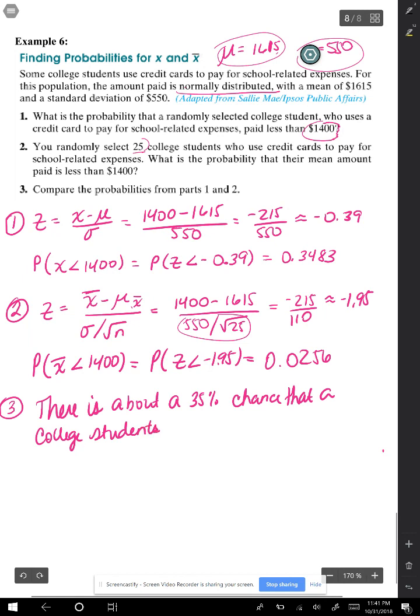In the problem, it says college students who use credit cards to pay for school-related expenses. So based on that, there's about a 35% chance that a college student who uses a credit card will pay less than $1,400.